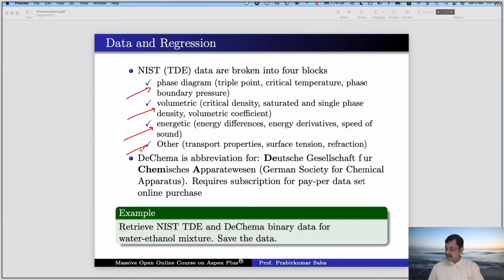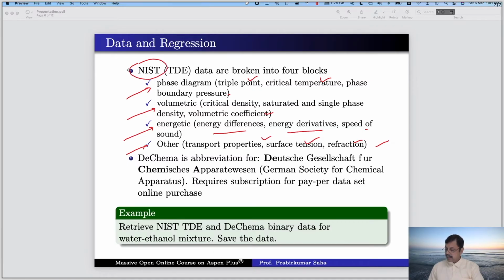As the name suggests, the phase diagram block has triple point, critical temperature, phase boundary pressure, etc. The volumetric block has density, saturated and single phase density, volumetric coefficient, and the energetic block contains energy differences, energy derivatives, speed of sound, etc. And the other data block contains transport properties, surface tension, refraction, and so on. So this is about NIST.